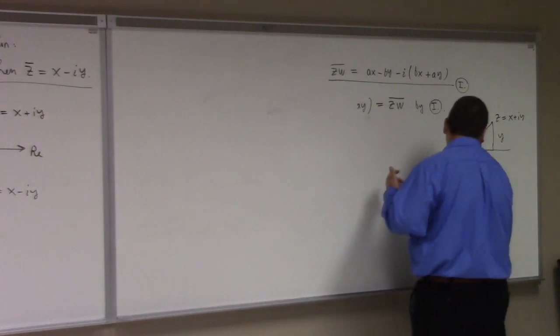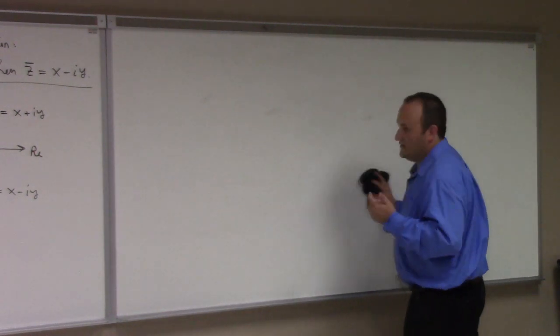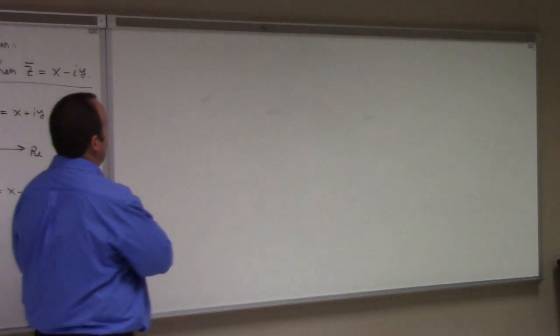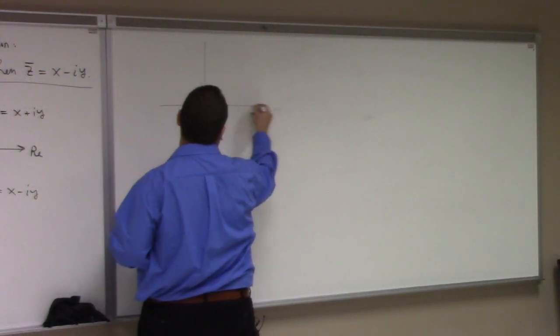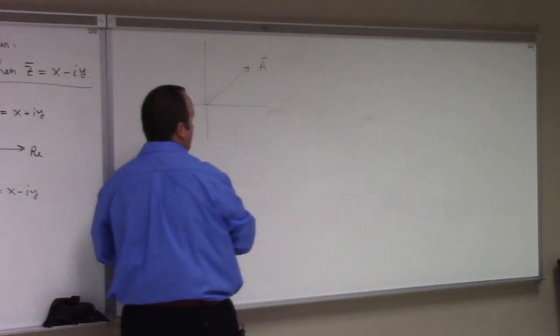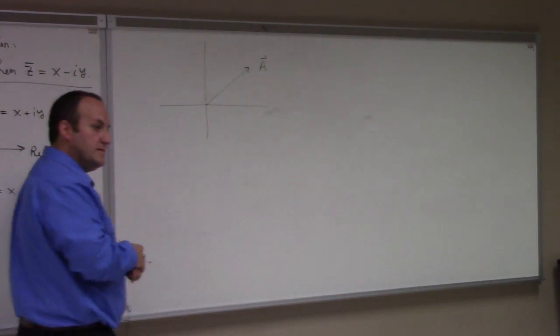So what is the polar representation of a complex number? Well, let me ask a slightly different question. What can you say about any two-dimensional vector? If I have a two-dimensional vector, let's say A for a second, in the plane, we can write that as what? The product of a magnitude and a direction, right?